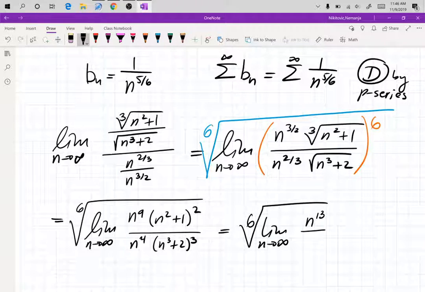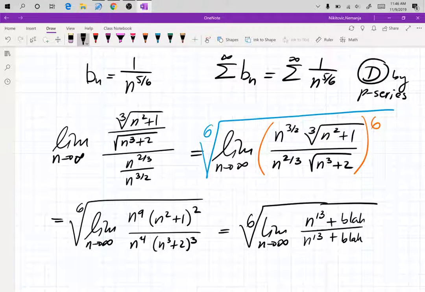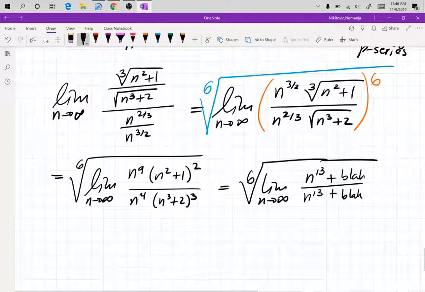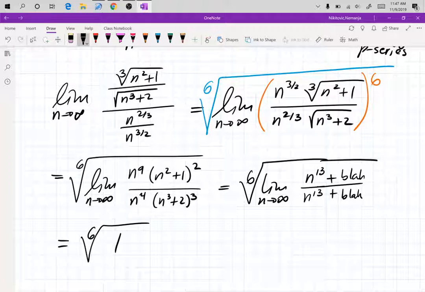Divided by n cubed cubed is n to the 9, times n to the 4, also n to the 13, plus lower terms. We don't care about lower terms because they will all go to 0 when you divide by n to the 13. So what I have is the 6th root of 1, which is 1. Woohoo!